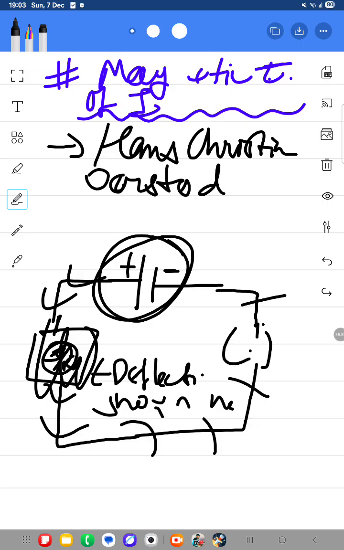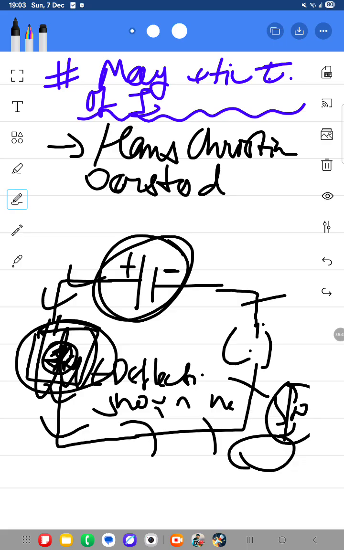The compass needle deflected, it started shaking. It proved that a conductor may show some magnetic changes when electricity passes.